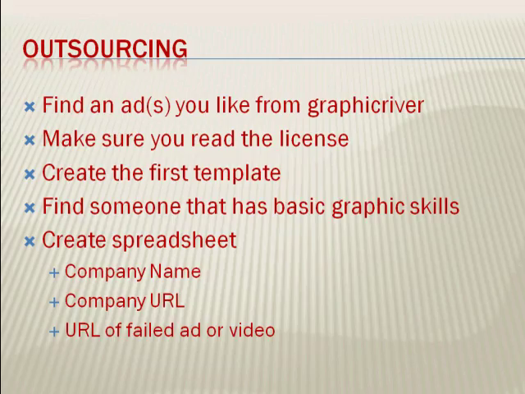If they're attempting to do Facebook, if they're attempting to do YouTube, if they're failing at it, enter that URL. So make sure you also add the URL of the failed ad or failed video. If the ad needs improvement and the video needs improvement, then leave a section for advice, for tips, and an area for improvement.